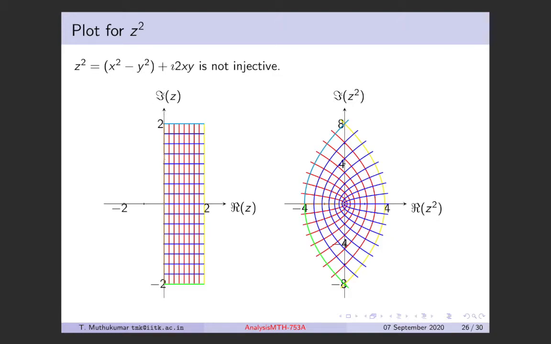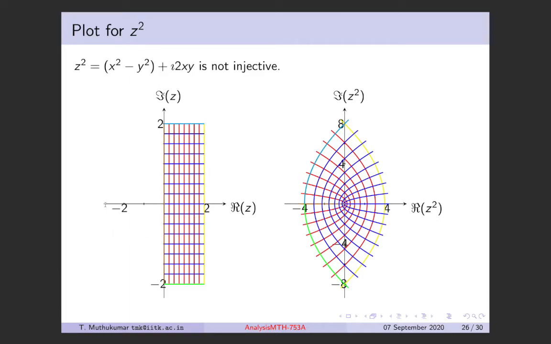So you take any y on the imaginary line, it gets mapped to minus y square. Y square is positive, so minus y square is negative. So this imaginary line gets mapped to the negative real axis, and both halves do, because if you take negative y's, they also get mapped to the negative axis. So this line splits in the middle and then gets mapped to the negative real axis.